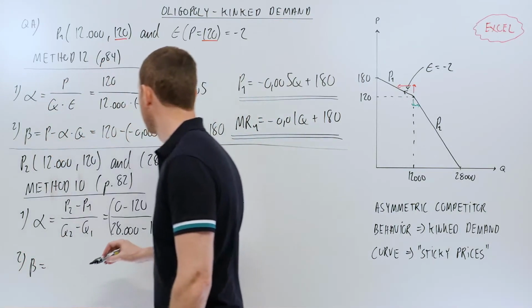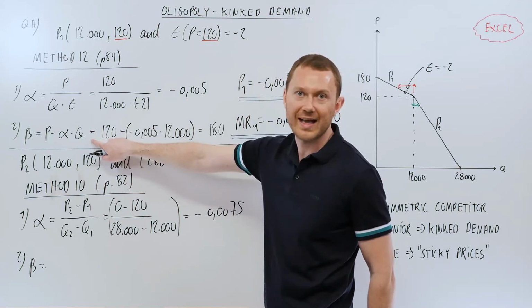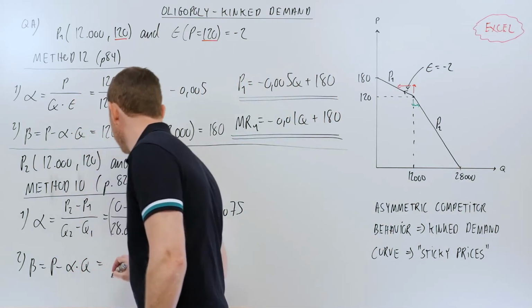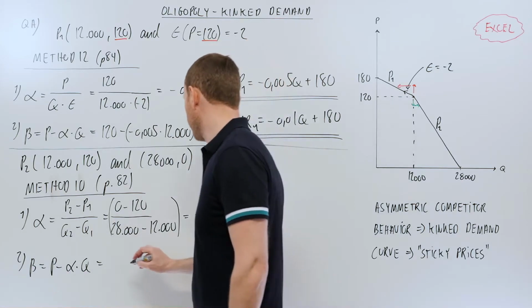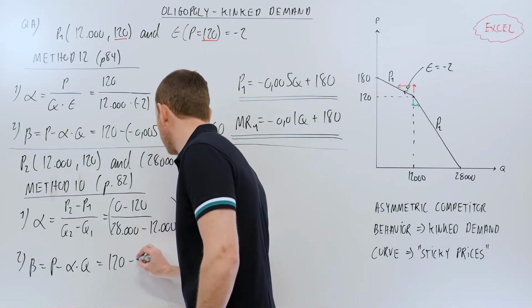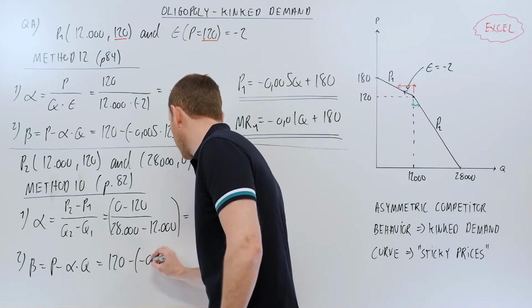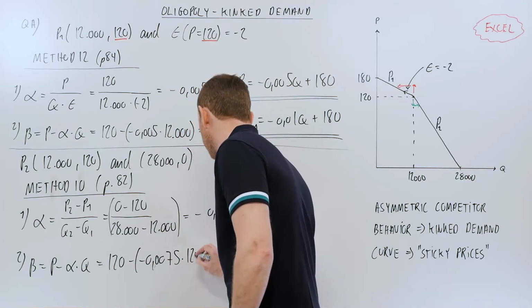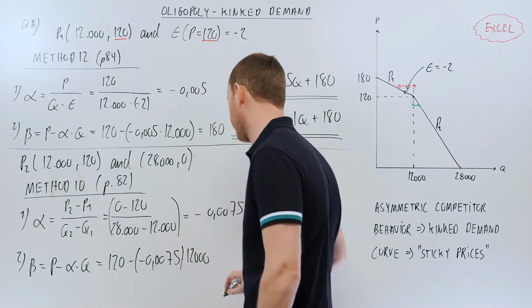The constant, I use the same formula as before, P minus alpha times Q, which would then be 120 minus minus 0.0075 times 12,000.